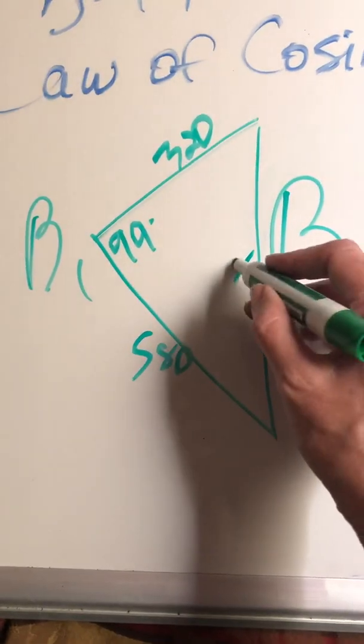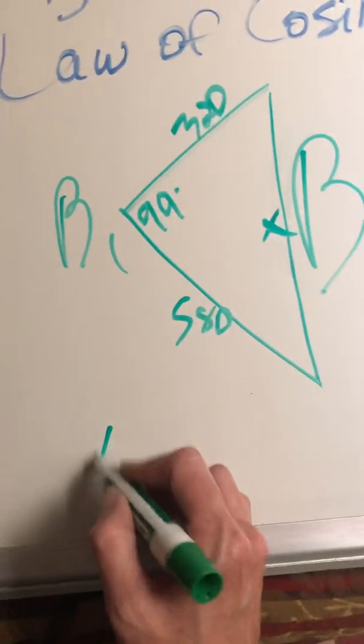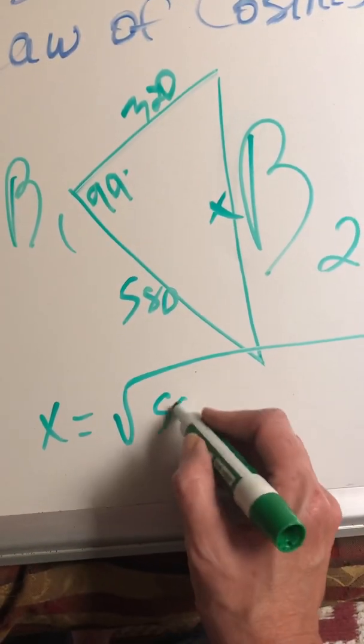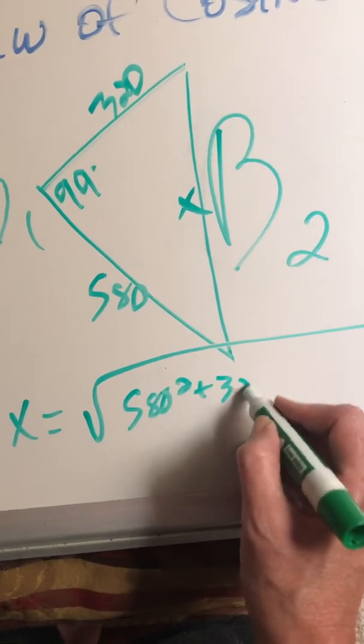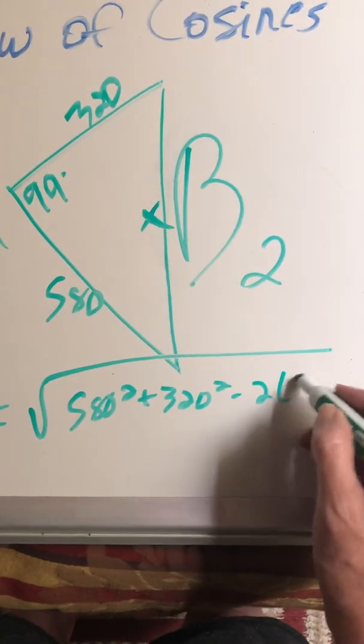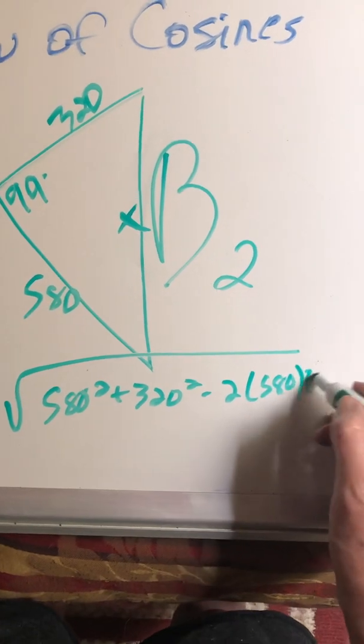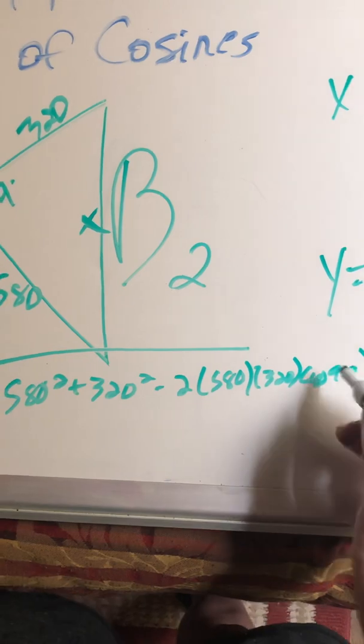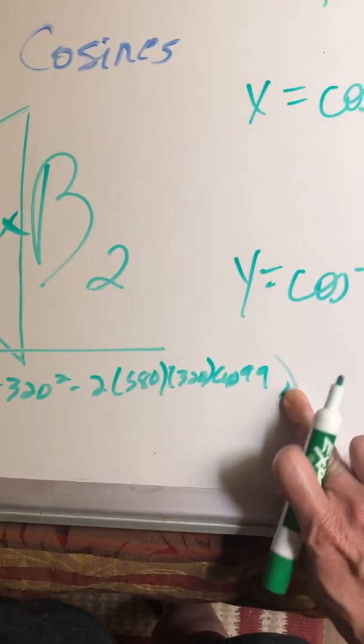And we want the height of B. So again, x equals square root of 580 squared plus 320 squared minus 2 times 580 times 320 cosine 99. Whoops, I don't need parentheses.